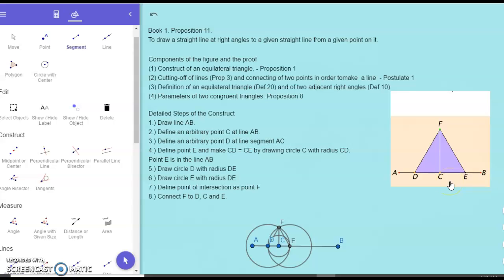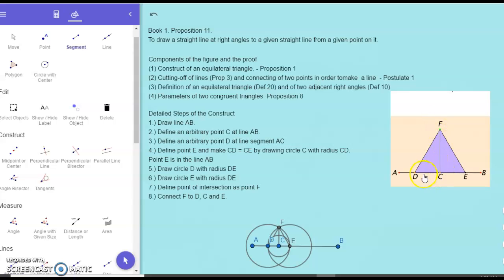By having three pairs of equal sides, we can say that triangle DCF is indeed congruent to triangle ECF. Again, with the parameter of two congruent triangles, we can say that all sides and all angles contained inside those triangles are indeed equal.